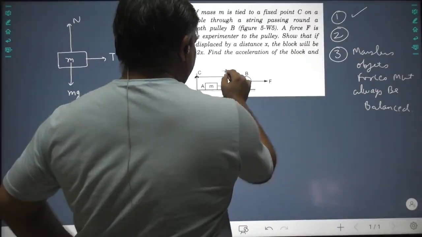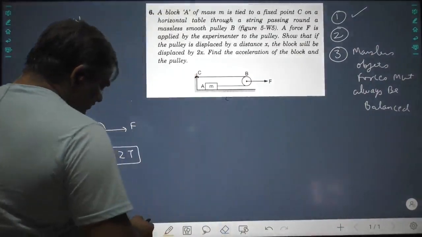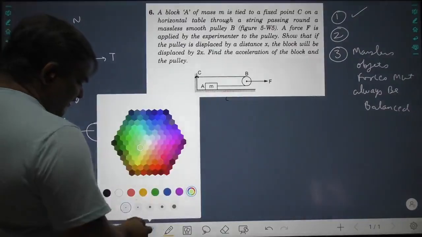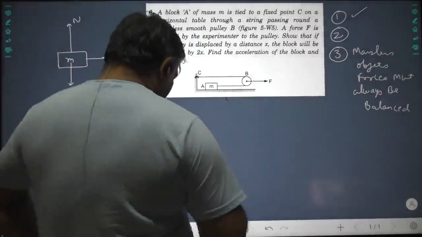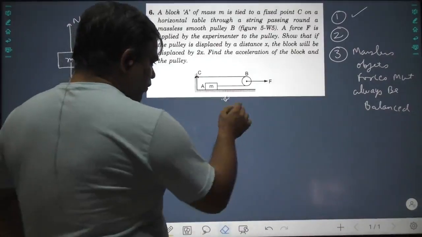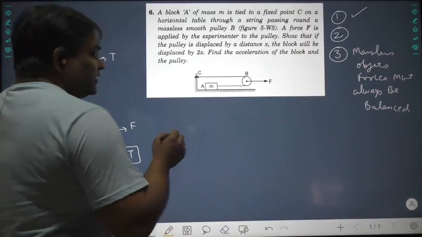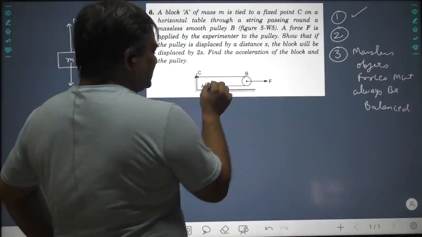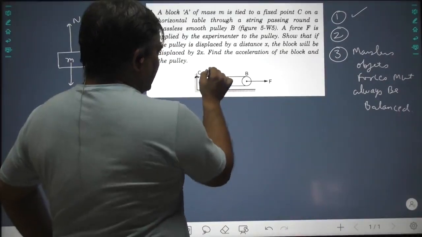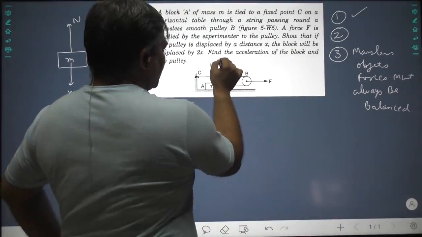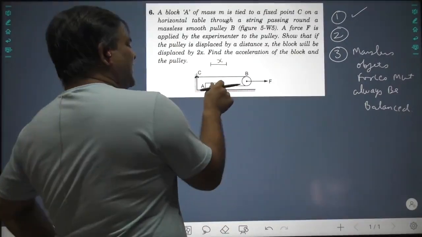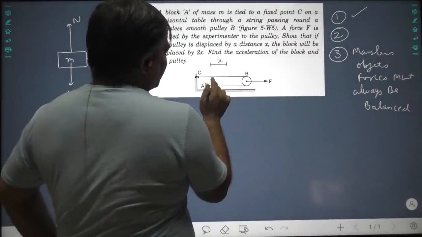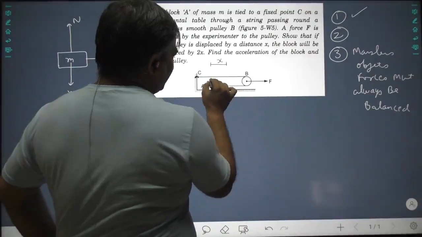Now see, let me explain it once more. The tension along the same string is always the same. So now see, please understand. Suppose the point A moves by a distance x, then this x length of a string moves a distance x.